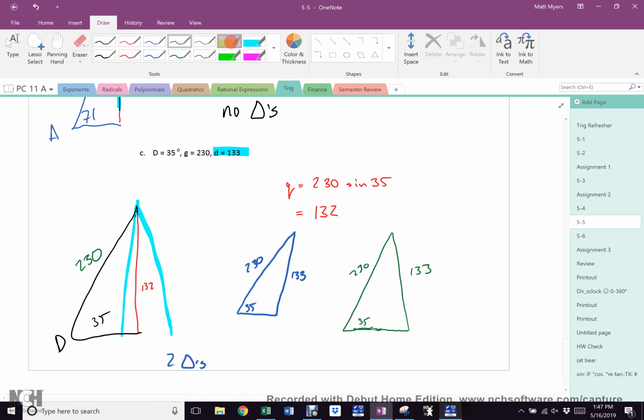What are the 2 things that are going to be different between these 2 triangles? 3 things are going to be different. Top angles are going to be different, aren't they? What else is going to be different?